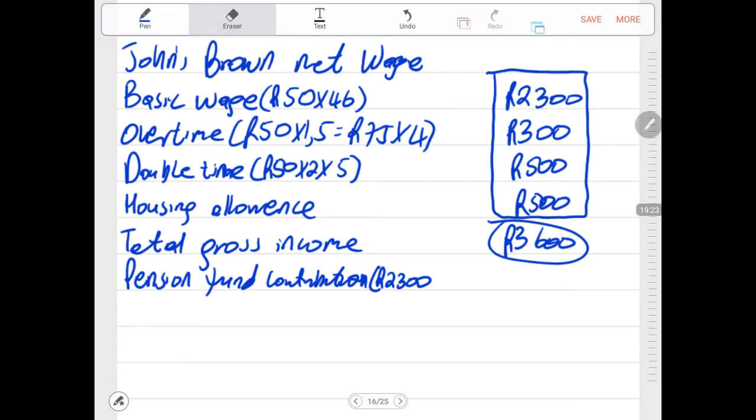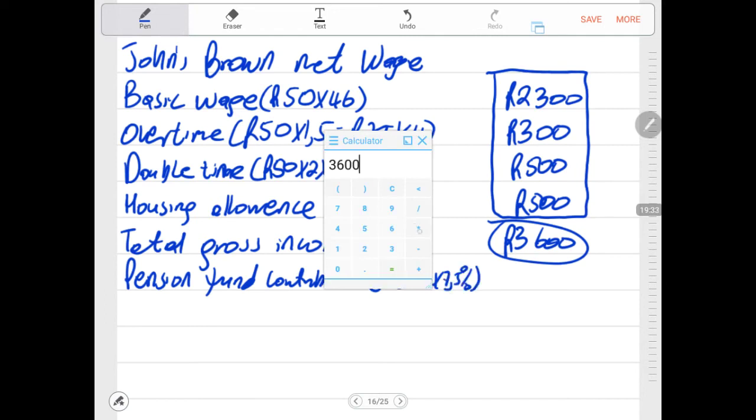Actual wage might be less than the basic wage. 2300 times 7.5%, so times 0.075. Oh, sorry, times 2300. Don't know why I'm using 3.6 now. So we have 172 rand 50 cents. This is our pension fund contribution.